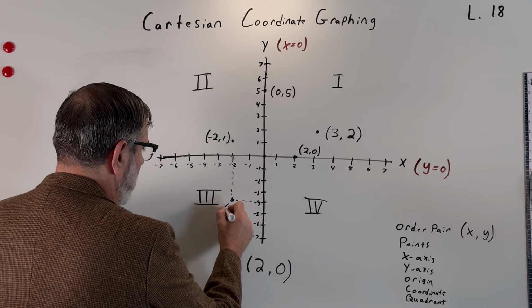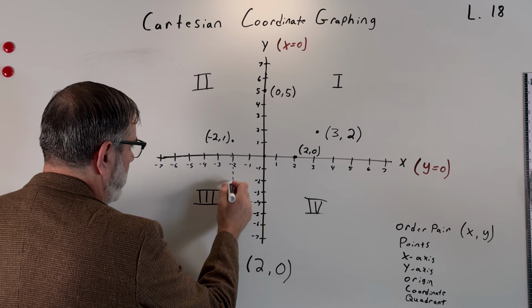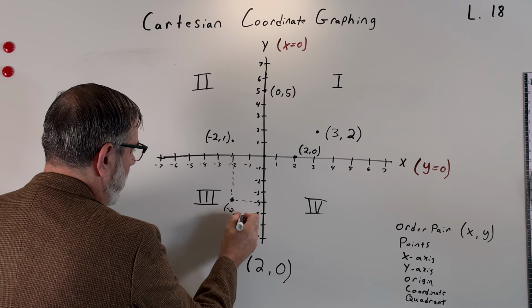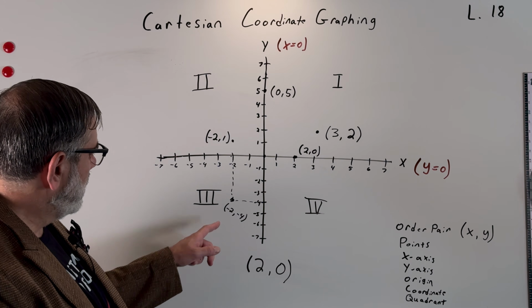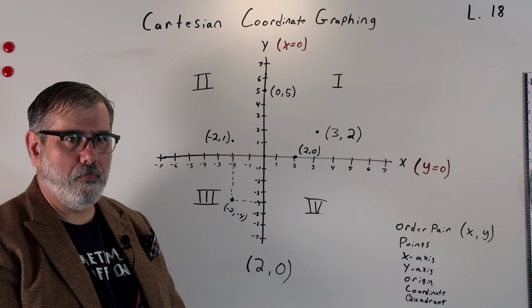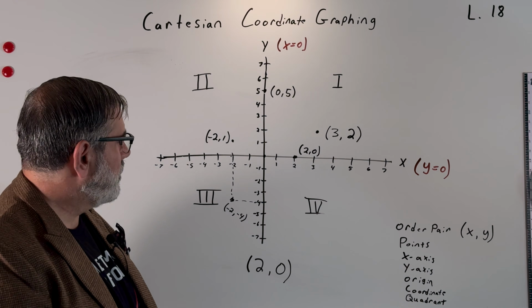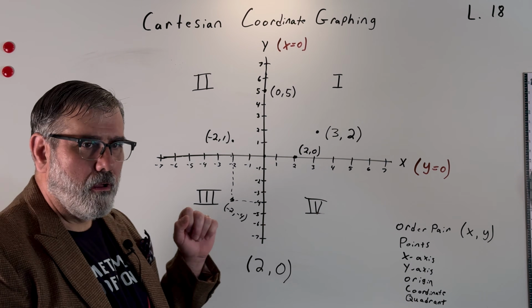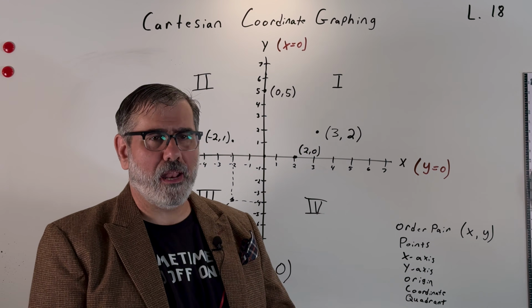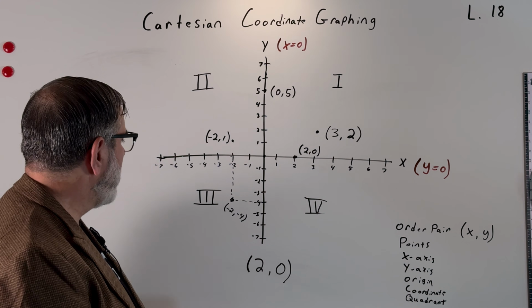So the coordinate, the ordered pair for this point would be (-2, -4). Notice that both of these are negative. So if I see an ordered pair with a negative x value and a negative y value, I can be sure I'll find that point in quadrant 3.